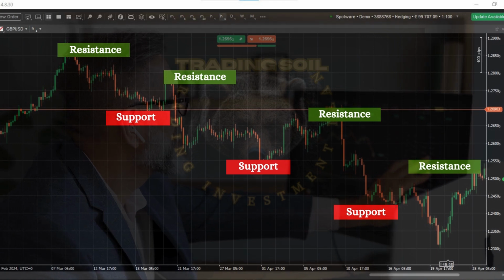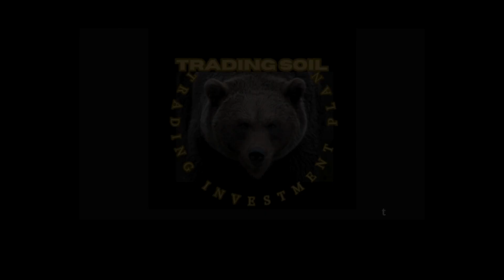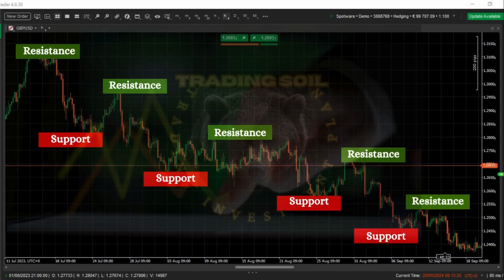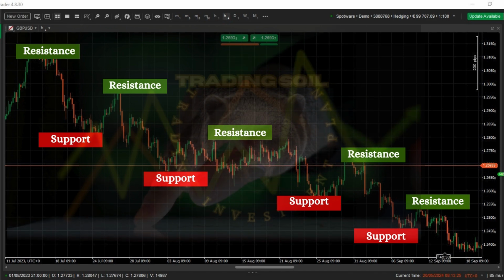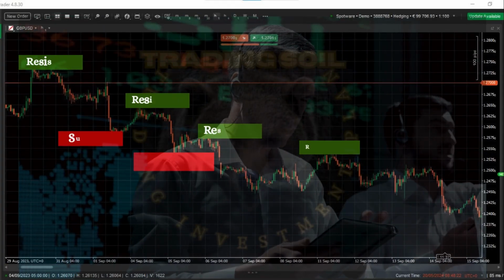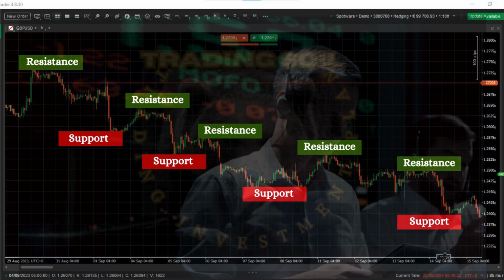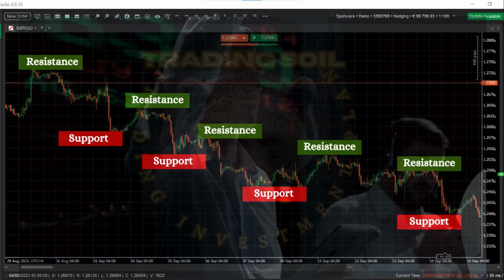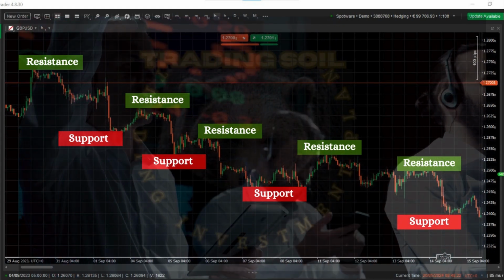This means that the institutional traders are paying more attention to the quote currency than the base currency. Their investment volume is more on the quote currency than the base currency.